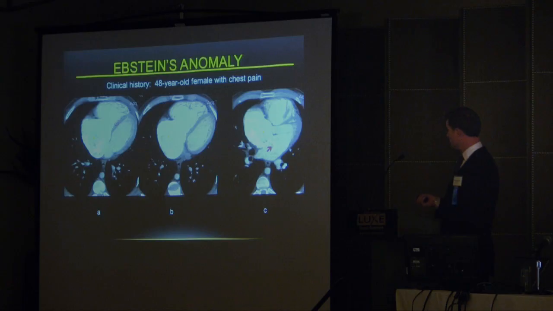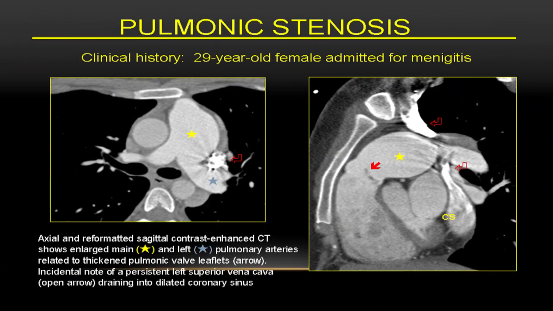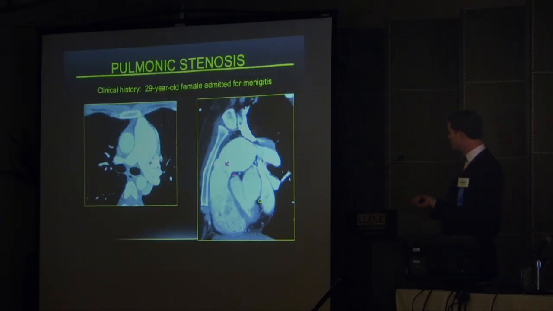We're here with an Ebstein's with large atrium, atrialization of the ventricle. We can see the bicuspid aortic valve in this patient, here in diastole and here in systole. And again, you can look at these in multiple planes, looking throughout whatever is going to help your intervention or your follow-up best. This view is particularly loved by a couple of people in this room because it shows the pulmonary valve, the pulmonary outflow tract, the relationship to the sternum, and here, this little dot here, to the coronary artery as well.